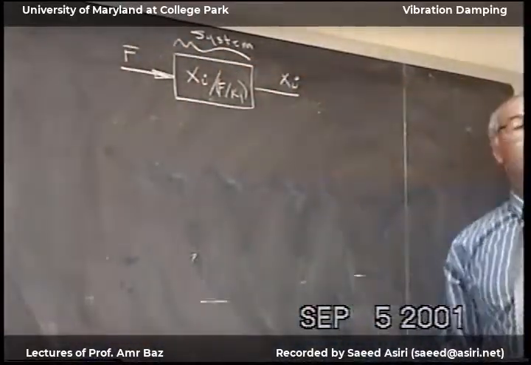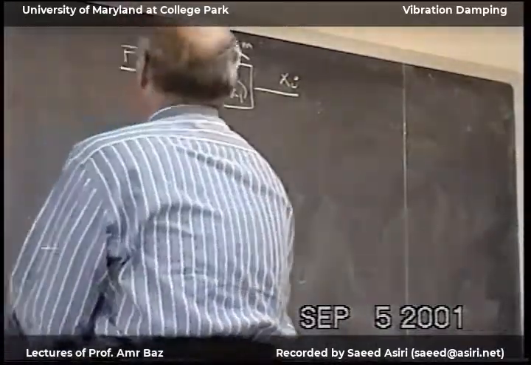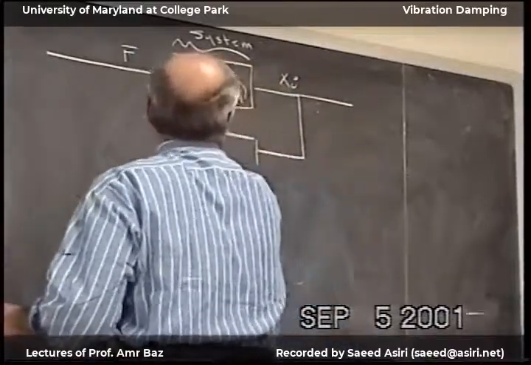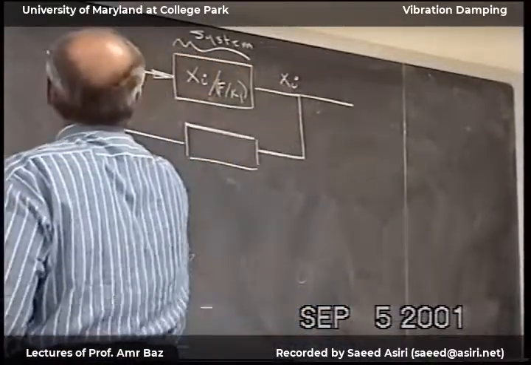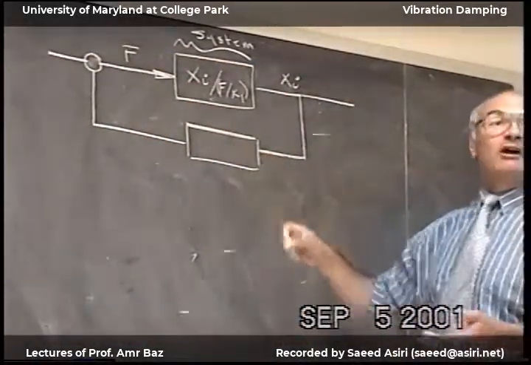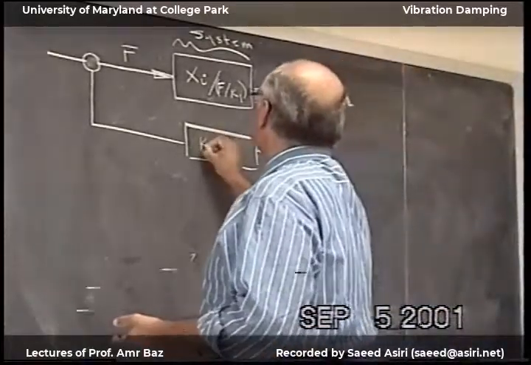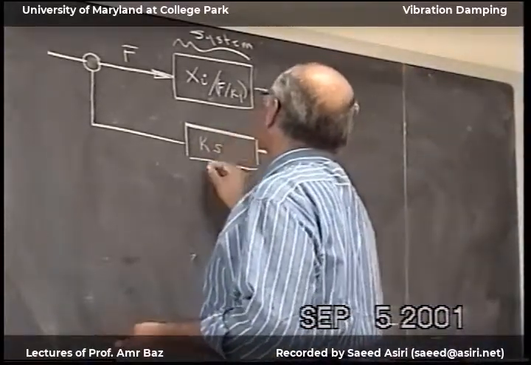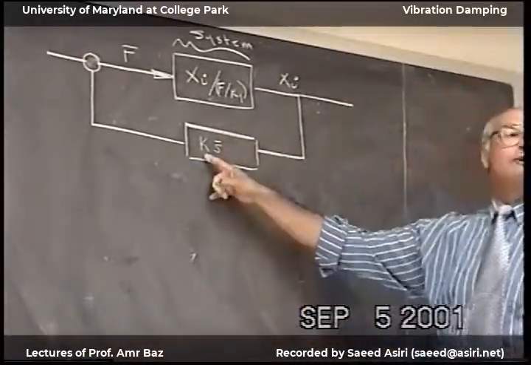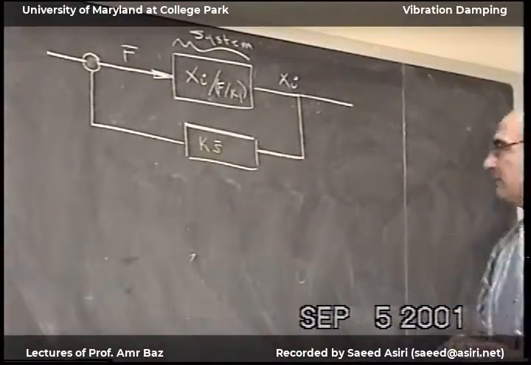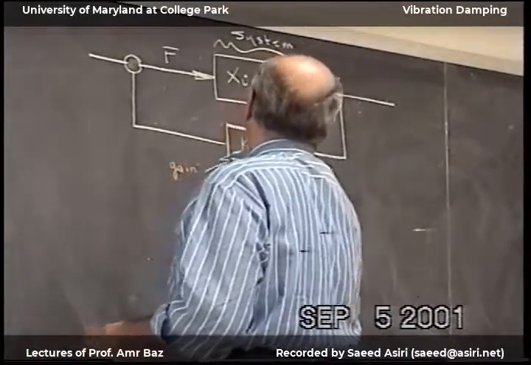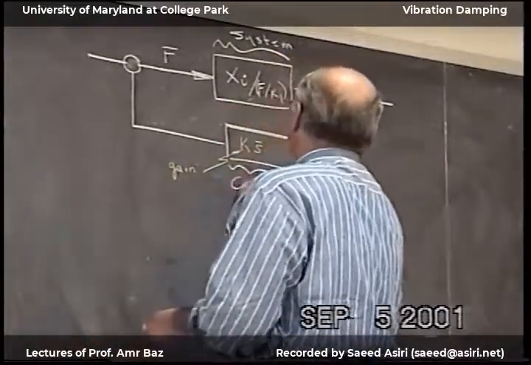So this is the open loop transfer function, and then I generate from this a closed loop system, and this block will have some gain and Laplace operator, and I'm going to make this S bar, and the gain will have omega 2 in it. Okay, and this is the gain, and this part is the controller.